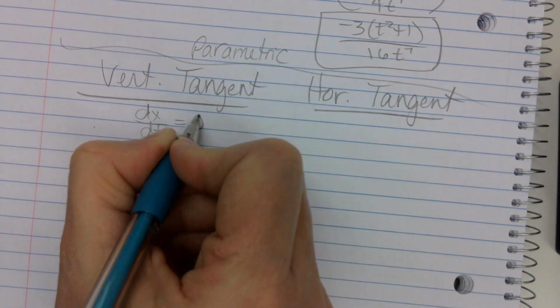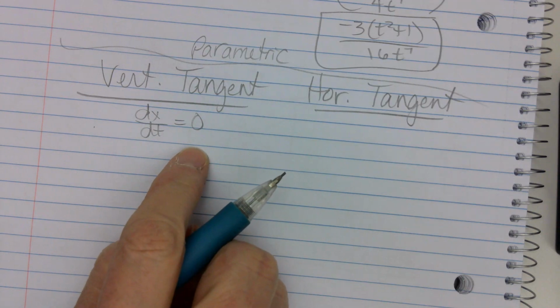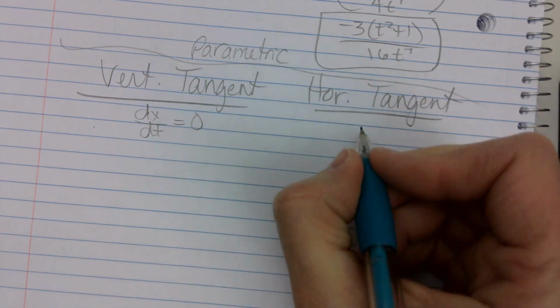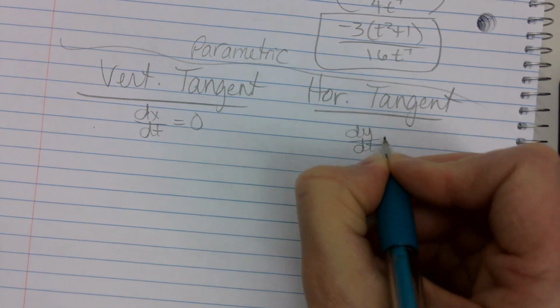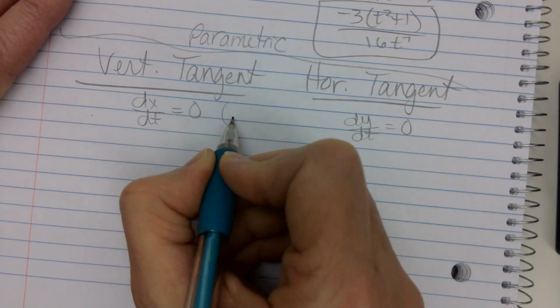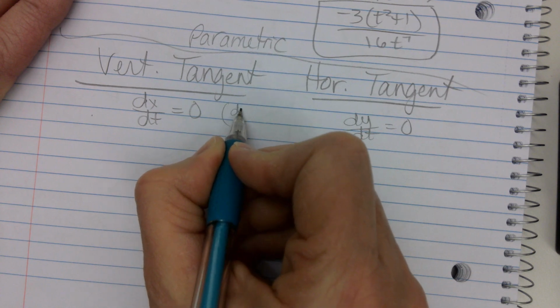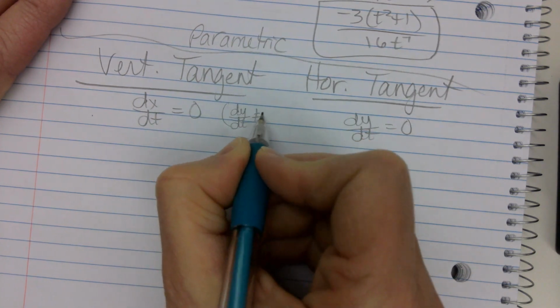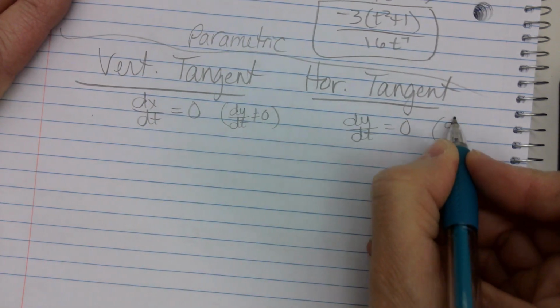For vertical, because that would be an undefined slope, right? Now, provided that dy/dt also does not equal 0. Right.